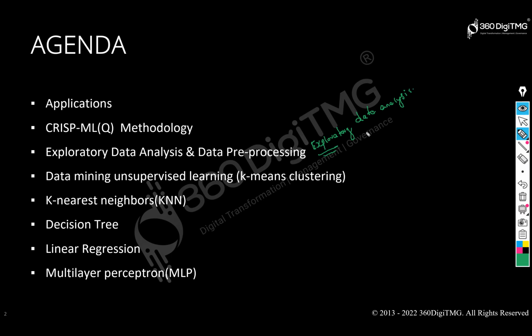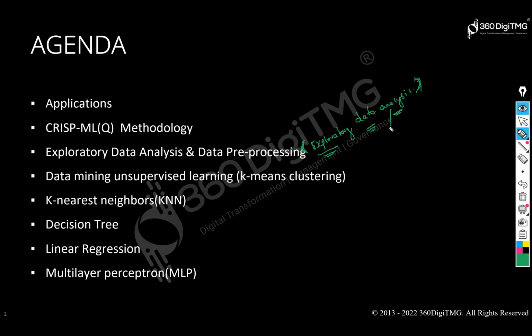Exploring the data by analyzing it. Clear? We are going to explore the data by analyzing it. This is what exploratory data analysis means.